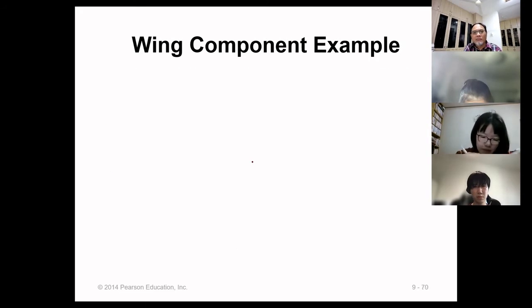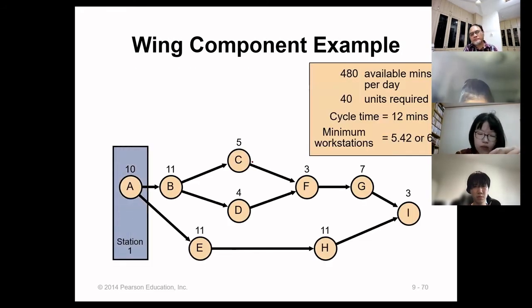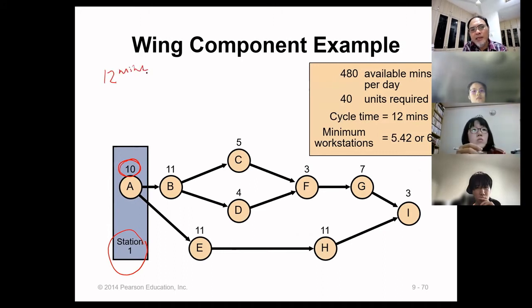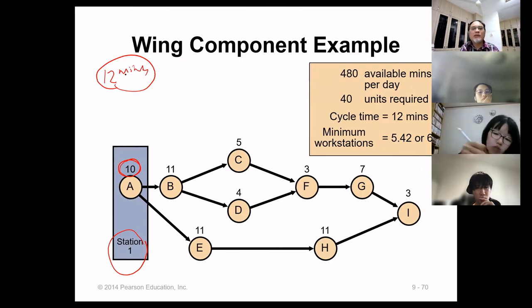When we do that, station 1 works task A, because task A is 10 minutes. We only have 12 minutes per station. We cannot work more than 12 minutes. So I can only assign A. That's my first workstation.